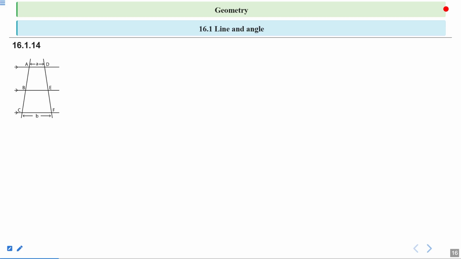If three parallel lines are given and two non-parallel lines, two transversal lines, cut these parallel lines, then AB by BC equals DE upon EF equals M upon N. So BE becomes AN plus BM upon M plus N.